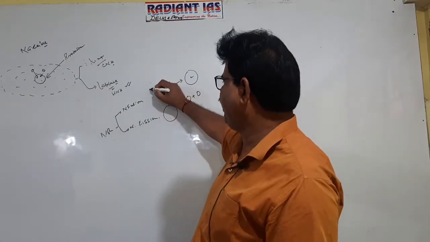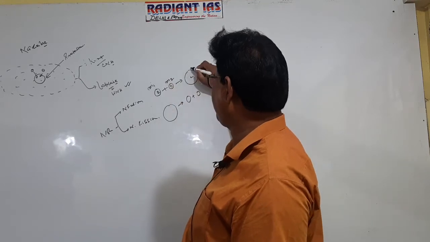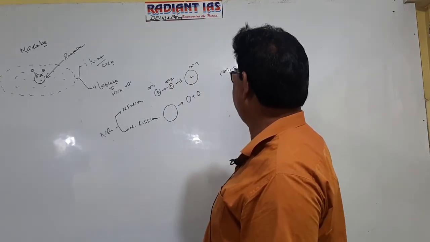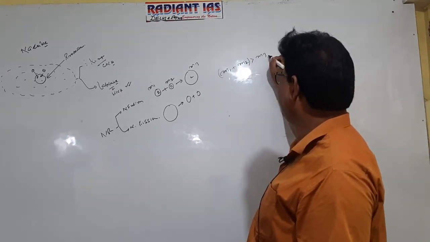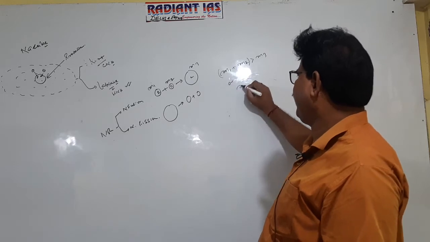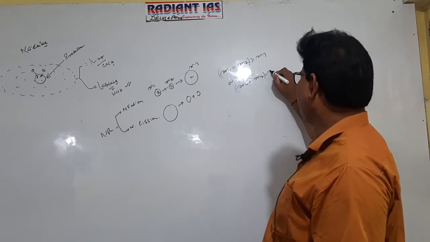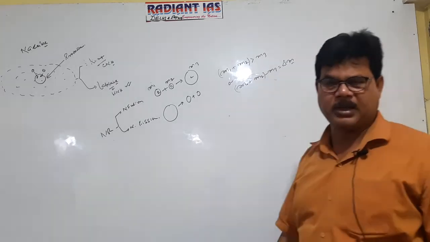If the mass of A is M1, the mass of B is M2, and the mass of the product C is M3, then M1 plus M2 is greater than M3, or M1 plus M2 minus M3 is equal to del M. This del M is referred to as mass defect.